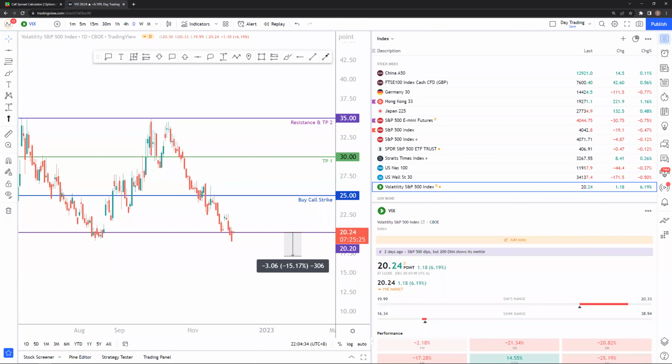Just buy the UVXY, because when you are doing options on something that already has 1.5 times leverage, it can get very, very crazy. It also has a higher decay lah.